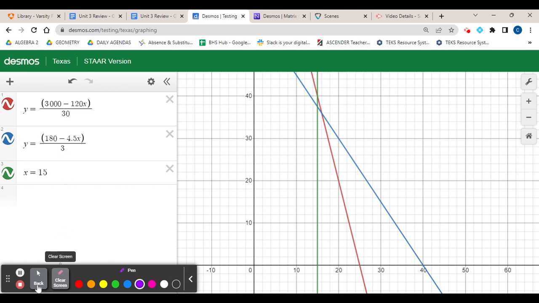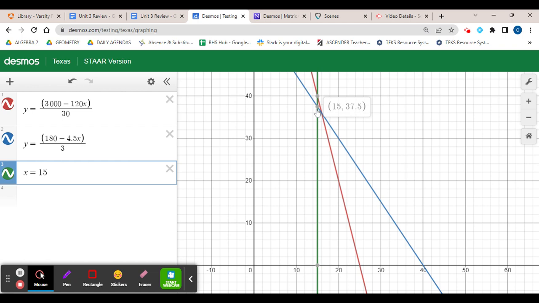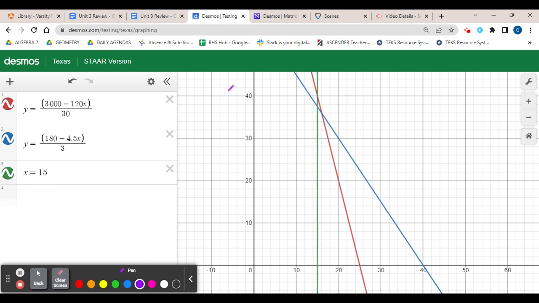All right. So with those 3 points, the first point is (15, 37.5). So 15 plus 37.5, because we're trying to do x plus y, is equal to 52.5.